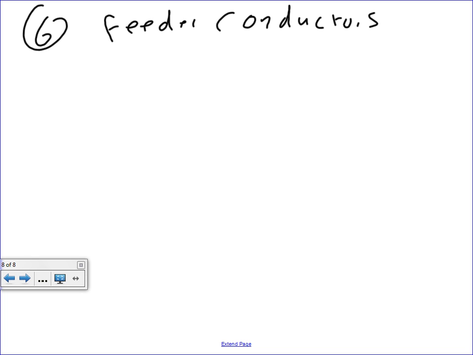The feeder conductors, guys, if you go to Article 430.24, here's what it tells you. It tells you 1.25 times the largest, fattest motor. Oladipo, the largest amp motor was what? 50? Yeah. Right?